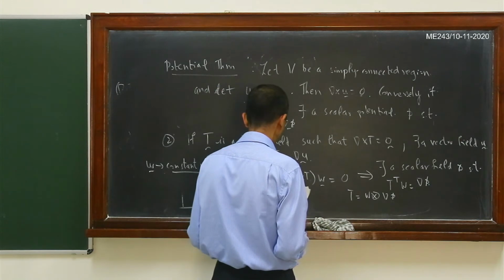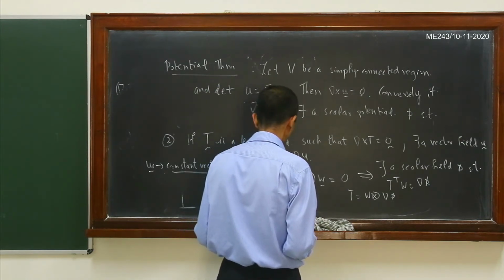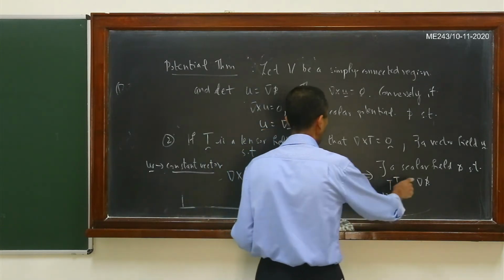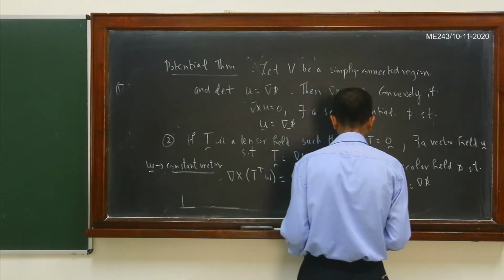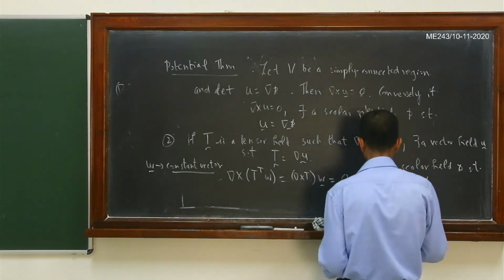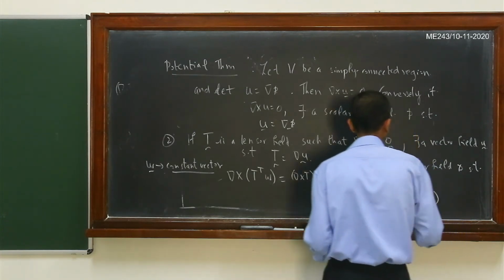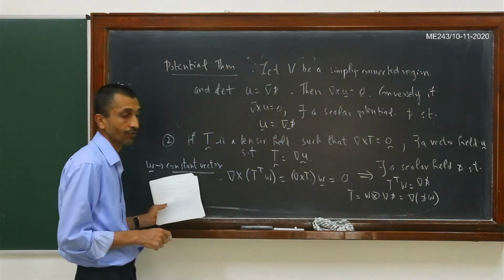So here, if I take this T transpose W to be del phi, then I get this T is equal to this one, and this I can now write as del of phi W. See, because this follows because W is a constant vector. So that was very important.